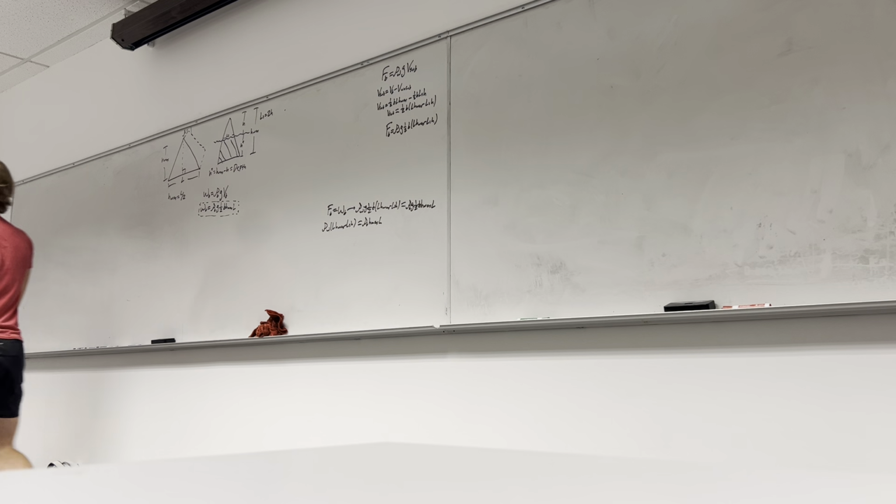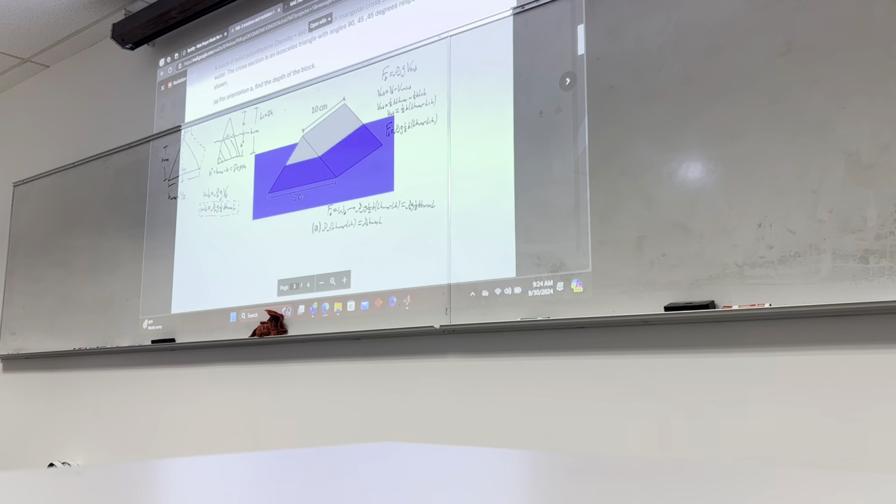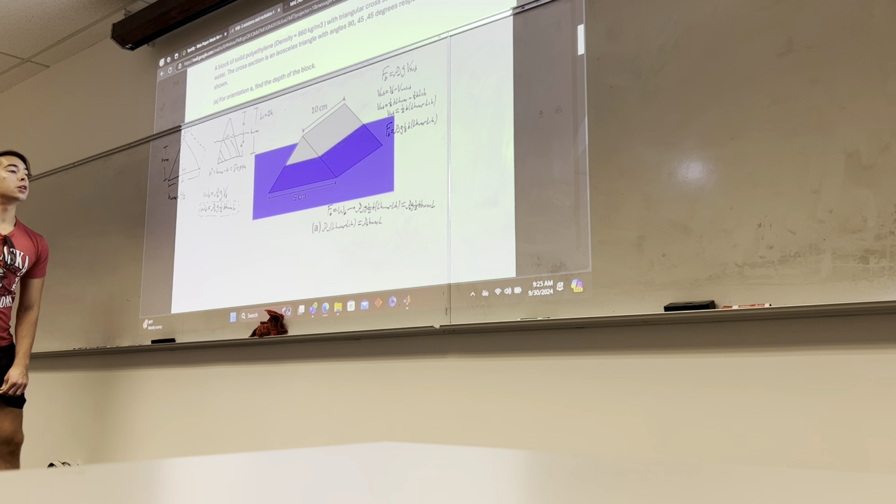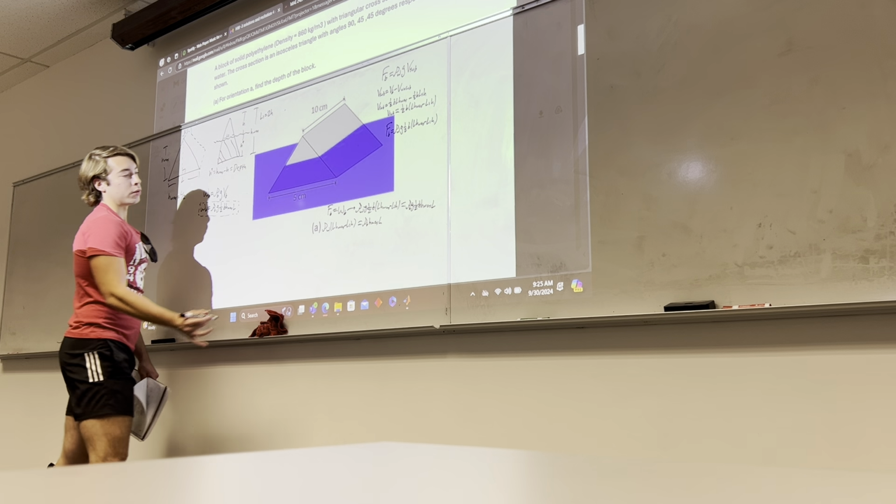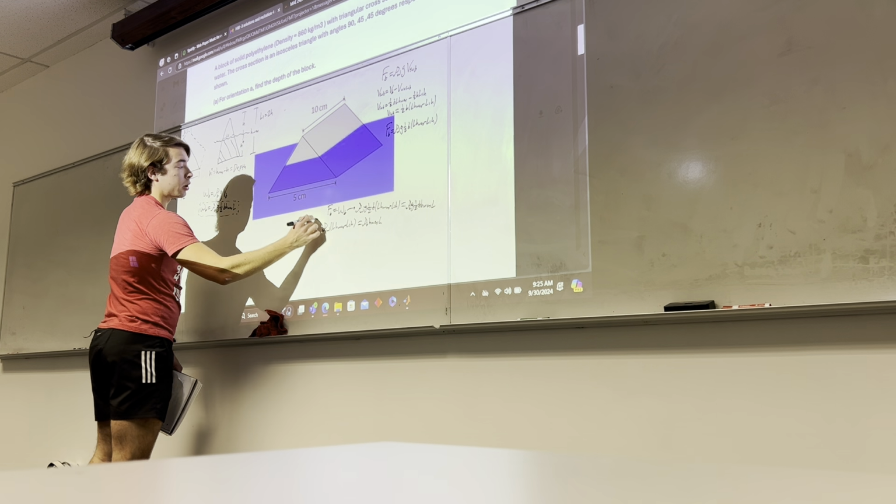Everybody following so far? Just doing some mathematical manipulation. We're just trying to isolate that H value because that's kind of the crux of the whole situation we've got going here. Okay, and I'm going to move this over here because it's a little easier for me.